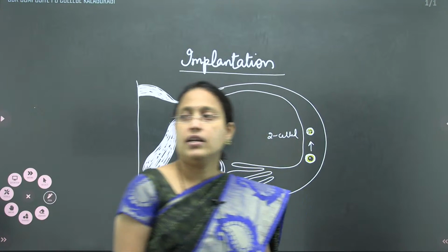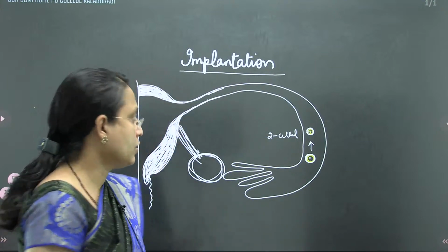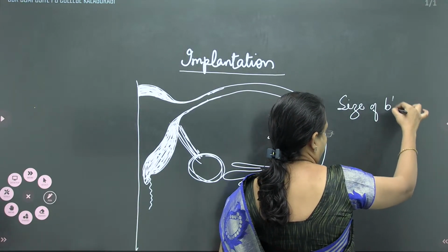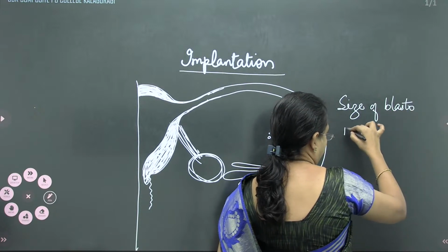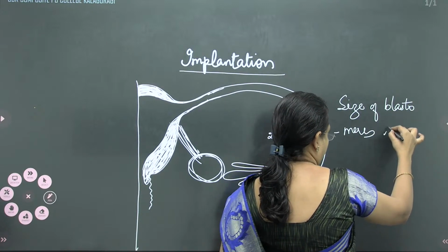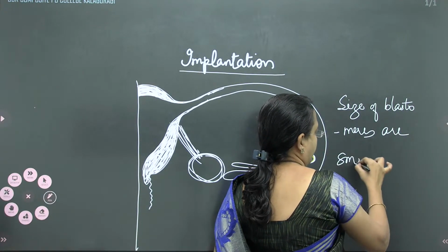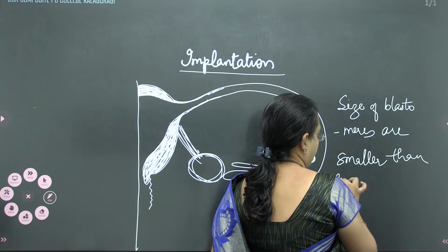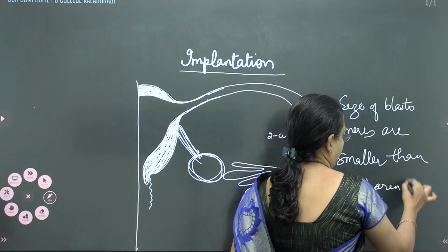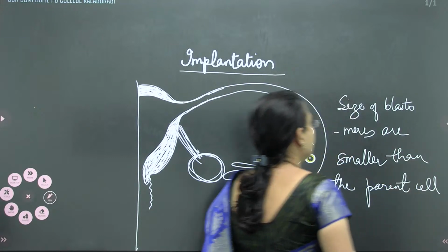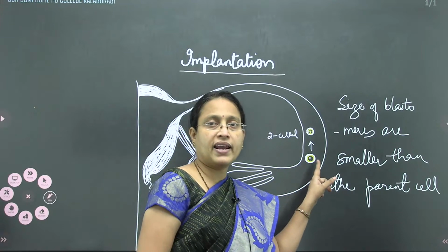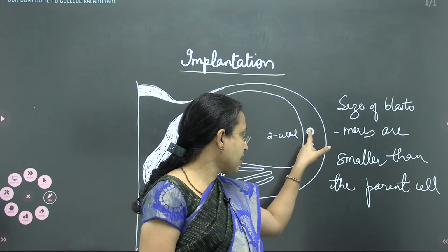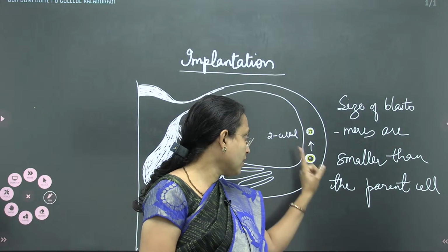Here the zygote is the parent cell. It is going to divide and produce the blastomeres, and always the size of the blastomere is going to be smaller than the parent cell.